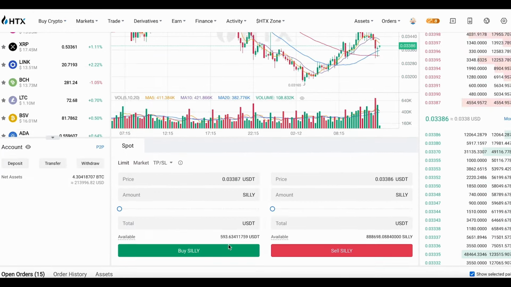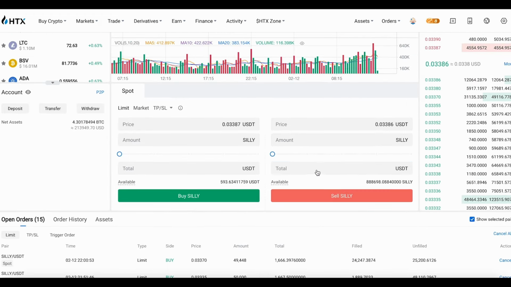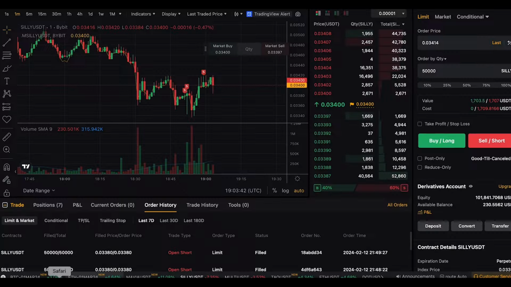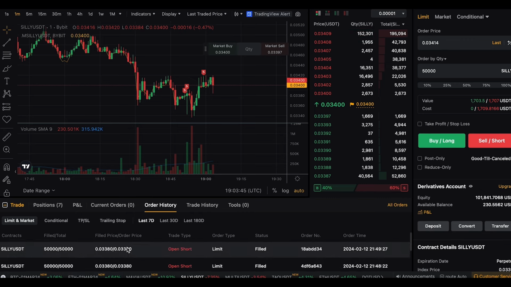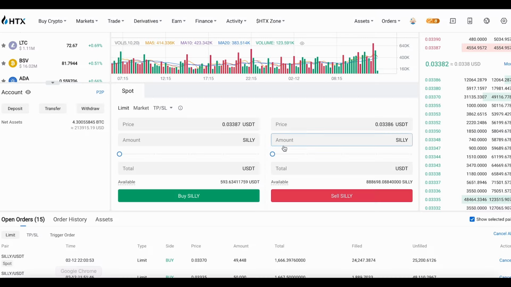So far, the price is not going in the direction we need, but it's okay. Calculator, 3.3387, equals 0.078.